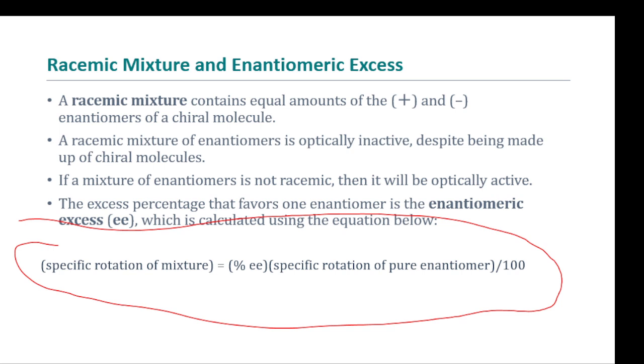So that would give you the specific rotation of the mixture. This is oftentimes what we would actually have, and so we would typically solve for this side right here. Okay? However, I can give you practice problems going any direction, right? Test your ability to solve any direction in an equation.